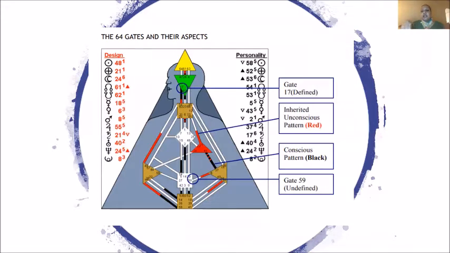And then you see the conscious pattern in black. Anytime something's black and red, it shows up in both your personality and your design, so it's something you're definitely aware of. And then the undefined gate, as they show you, is in a white area, but you can also have undefined gates in the areas that do have color.